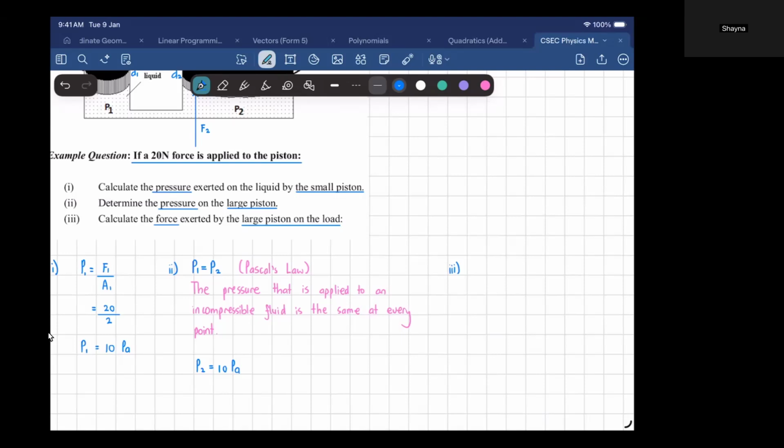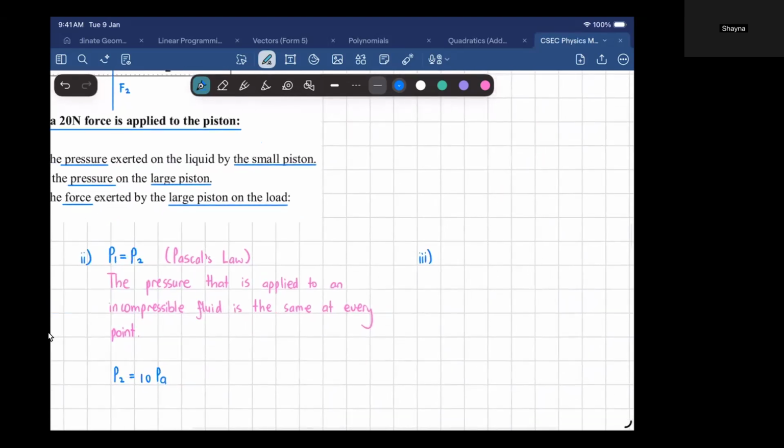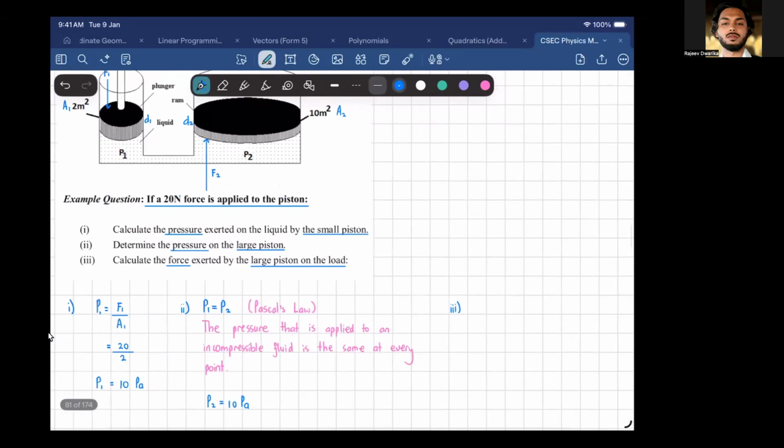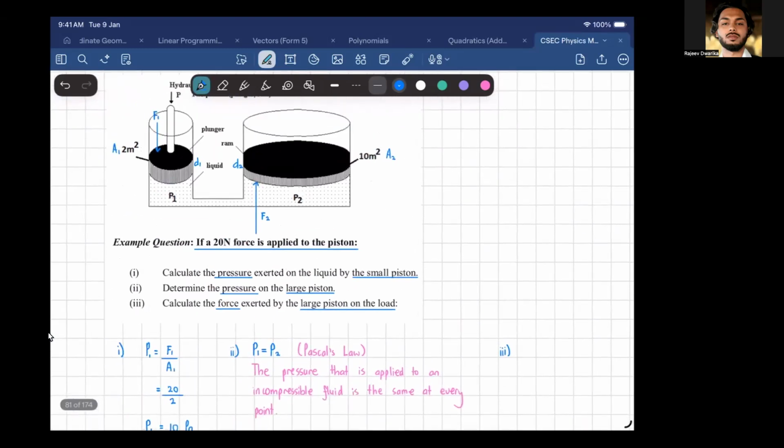Well, you could use pressure equals force over area, and you rearrange your formula to be force equals pressure times area. Correct. And since we're dealing with a large piston, should I use A1 or A2?